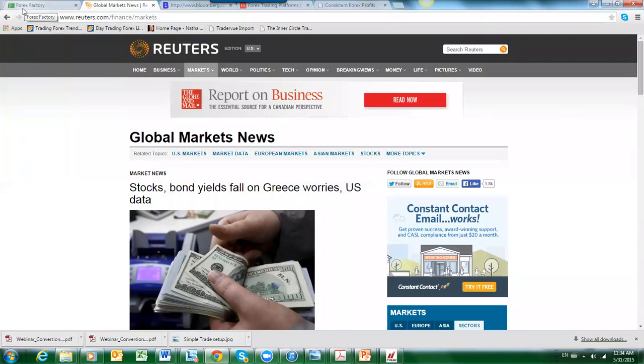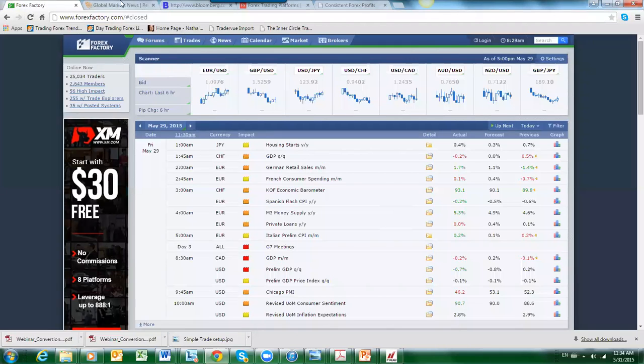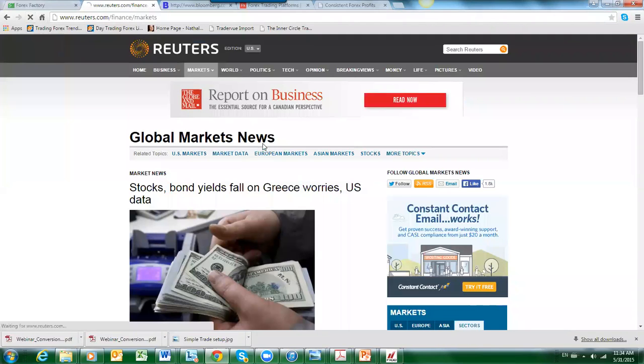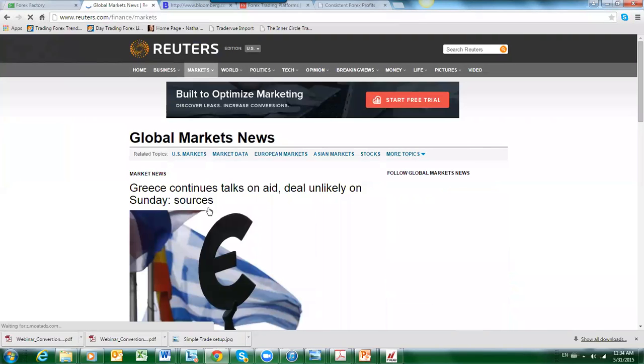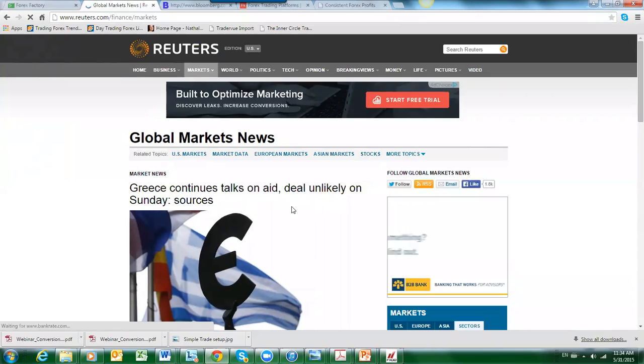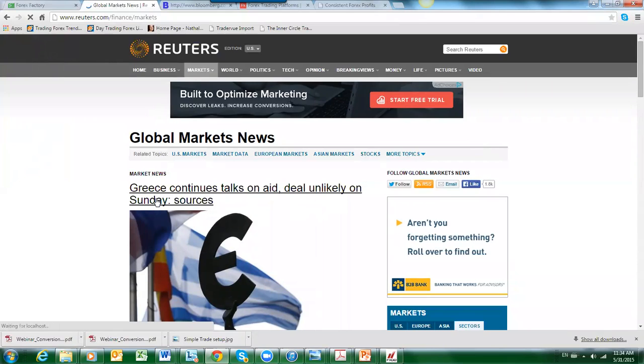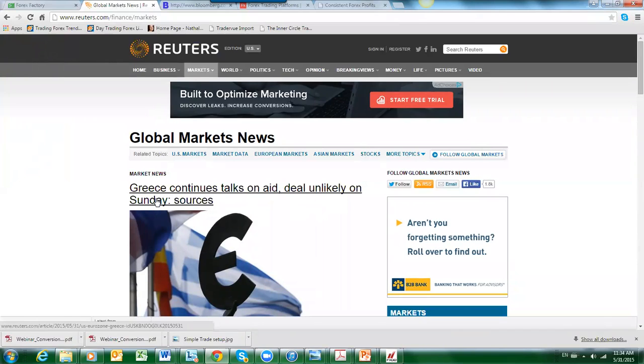So for the daily analysis, the first thing we look at is Forex Factory, and then I like to look at Reuters. I like to see in the finance section, under markets, what the markets are doing. This is good to see, because on Thursday and Friday, there was market sentiment that Greece would actually reach an agreement.